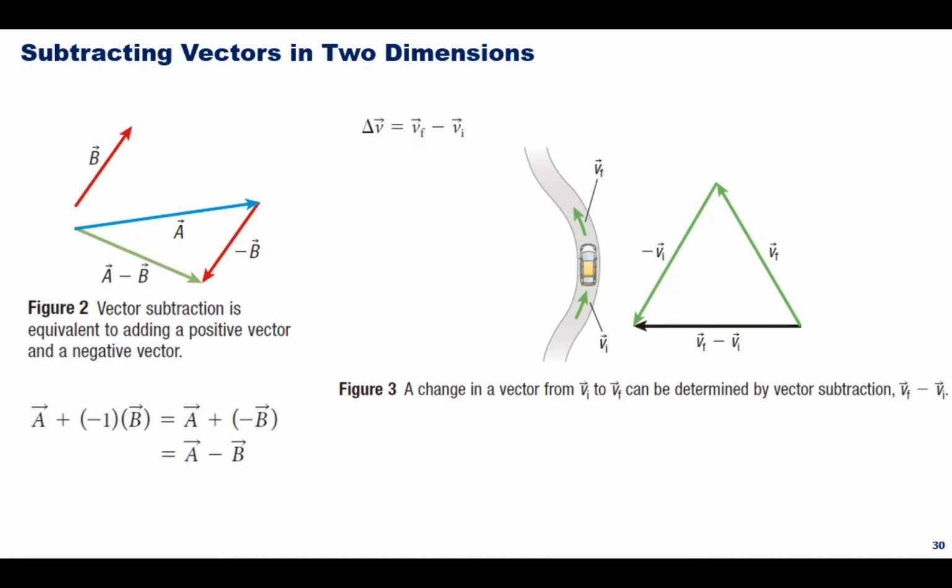Subtracting vector b from vector a is actually equivalent to adding the vectors a and -1 times vector b, right? So for k equals -1, let's see figure 2 here. Expressing this as a vector equation yields vector a plus -1 times vector b equals vector a minus b.